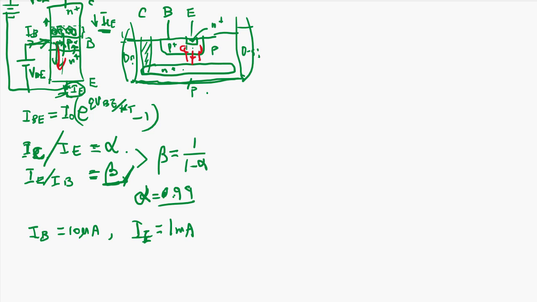Okay, so any signal you apply, IE is going to be 100 times larger current. So bipolar transistor is a current amplification.